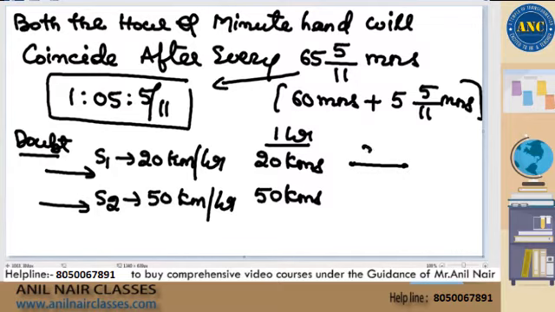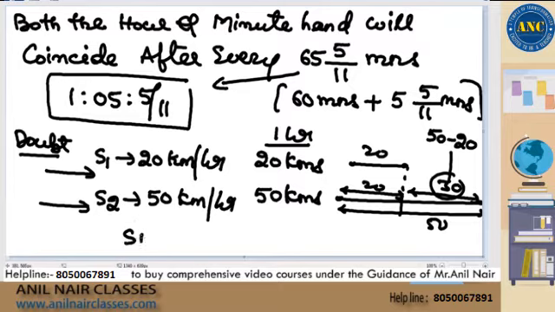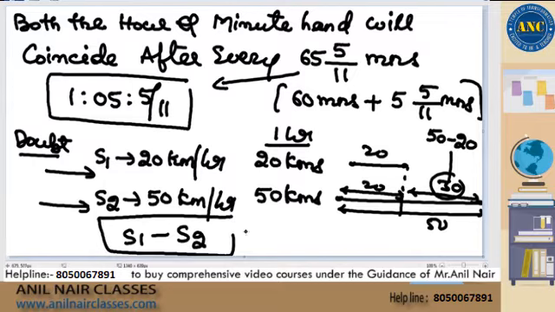Suppose this is 20, this is 50. Total 20 is already traveled by the first. What is remaining? Remaining is 30, which is 50 minus 20. That is the reason if two people are traveling in the same direction, relative speed is given by S1 minus S2.